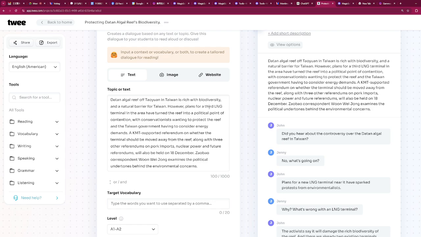However, plans for a third LNG, liquefied natural gas, terminal in the area have turned the reef into a political point of contention, with conservationists wanting to protect the reef, and the Taiwan government having to consider energy demands. Okay, so this is too complicated, right?